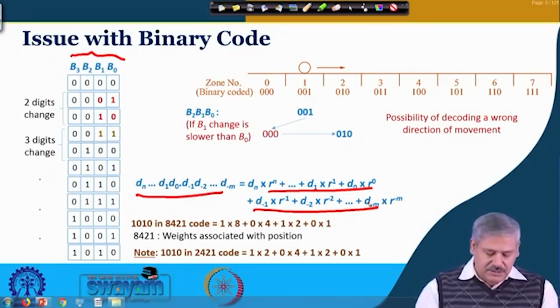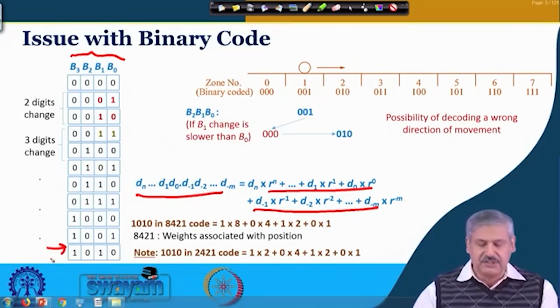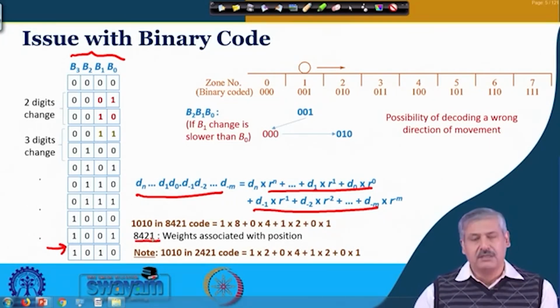If we consider the number 1010 in the normal 8421 code, the standard way of associating weight, then 8 will come for this one and 2 for this one. So, 8 plus 2, 10 will be the value.